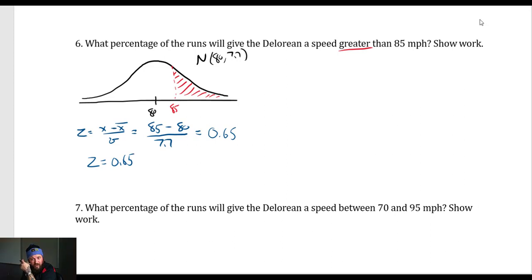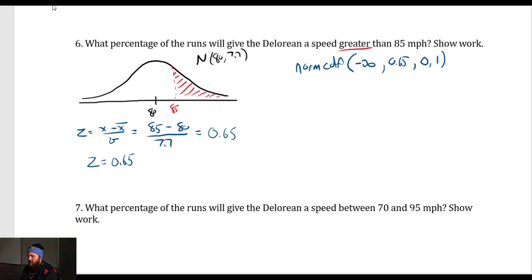Well, now we can go ahead and do our normal CDF if you have that. We'll go with negative infinity as the lower bound, our z-score value of 0.65 as the upper bound, and our mean is 0 and our standard deviation is 1.